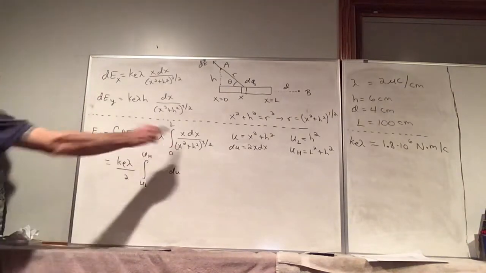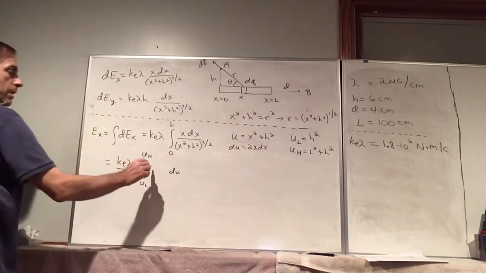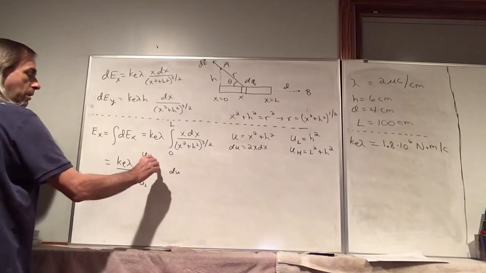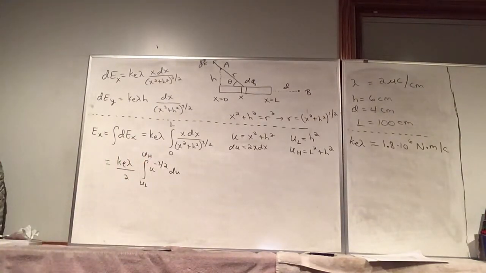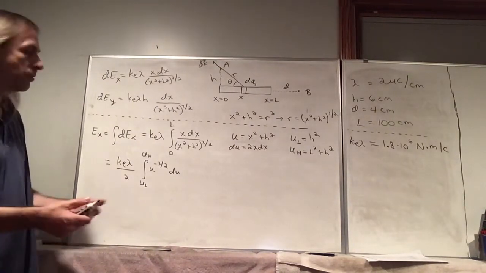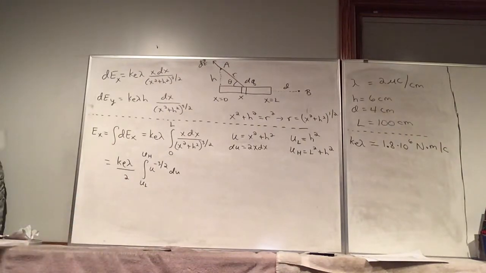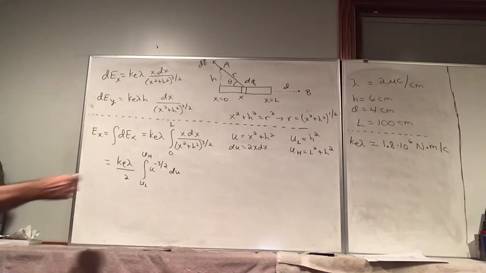And then on the bottom, we have u to the 3/2, so we can say this is u to the minus 3/2. And again, this is just a standard integral. Just like the integral of x to the n, as long as n doesn't equal -1, we're fine. So we just add 1, and we have u to the minus 1/2 divided by minus 1/2.